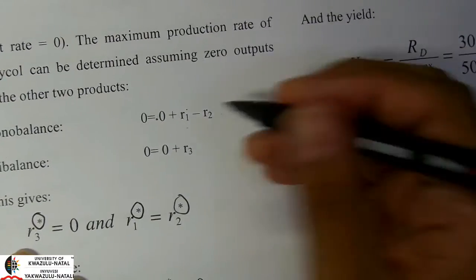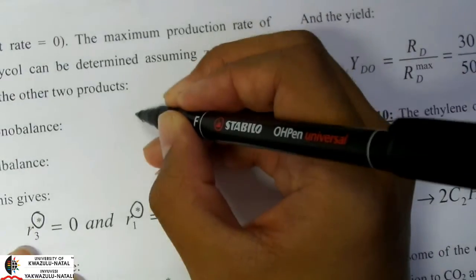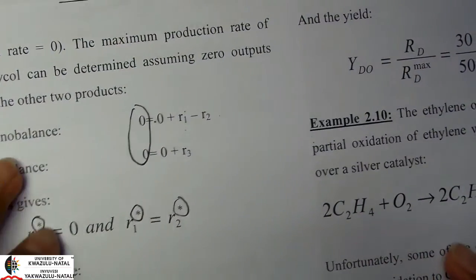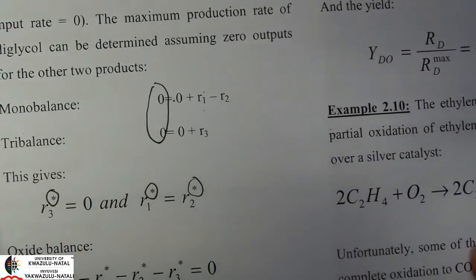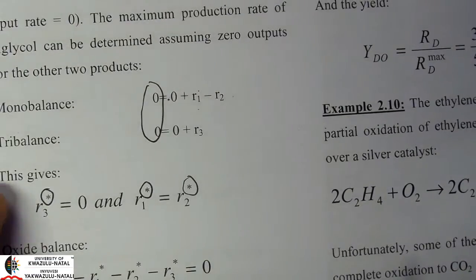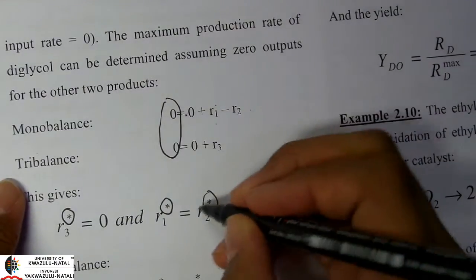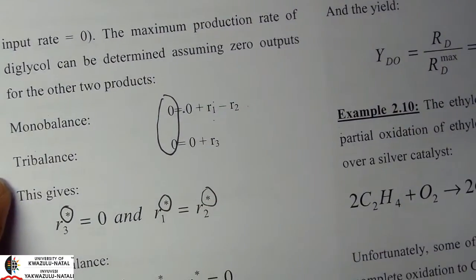Okay, these are our R values that we are calculating based on this 0 output assumption for monoglycol and triglycol. So make sure you can distinguish quite easily between reaction rates R and our R star.